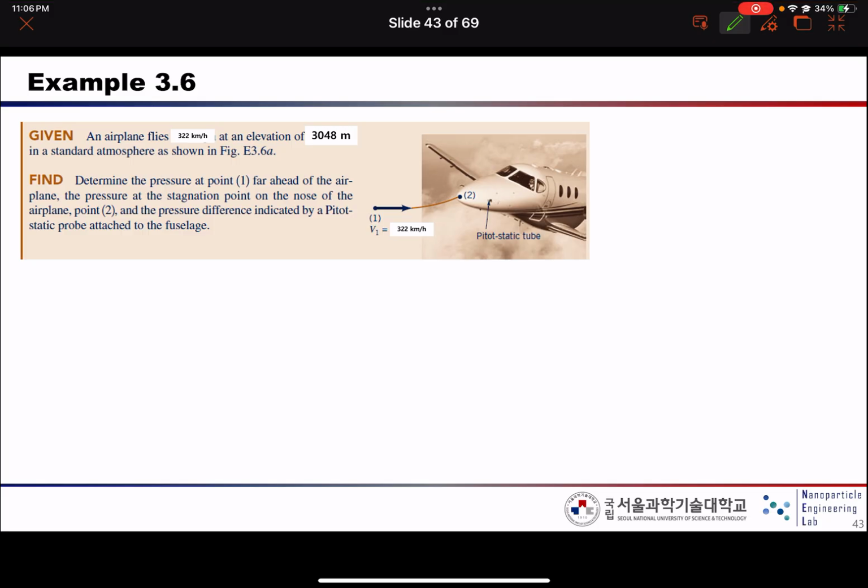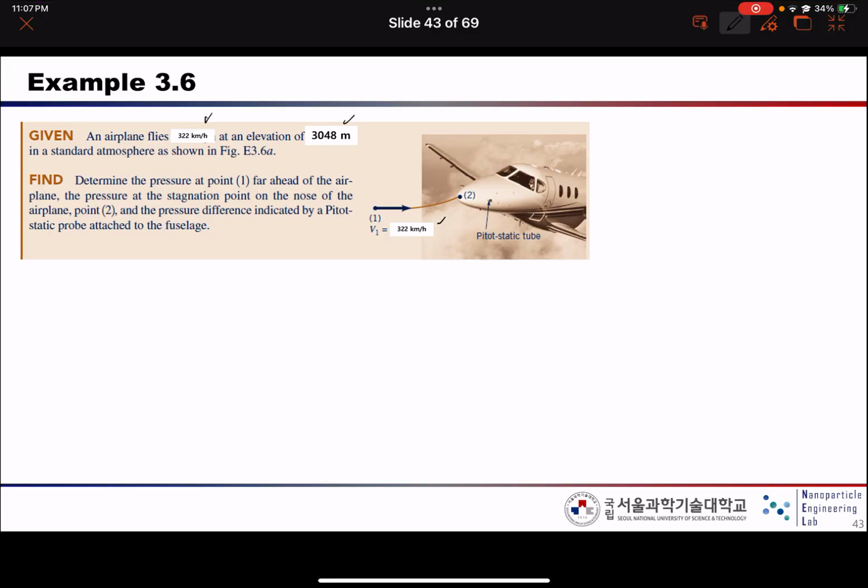Let's solve example 3.6 together. I changed example 3.6 a little bit because in this textbook it is not written in SI units, so I adjusted the numbers. Please stop the video, think about this problem by yourself, and then let's solve it together.